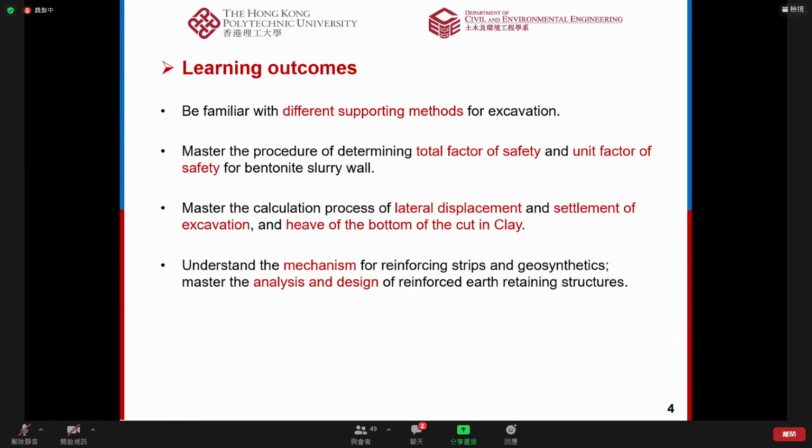And you will also learn how to calculate the lateral displacement and the settlement of excavation. And you will also learn the heave of the bottom of the cut in clay. And also, you will learn the analysis and design of reinforced earth retaining structures.